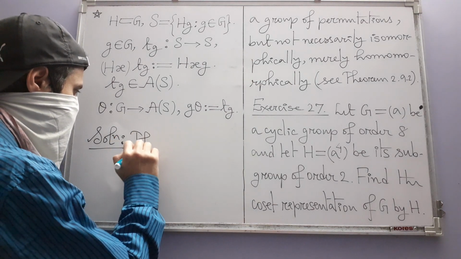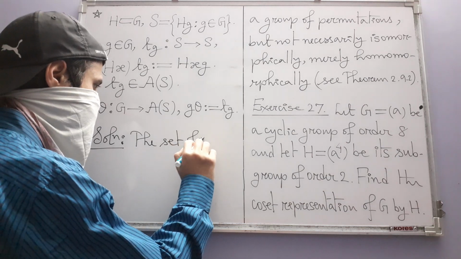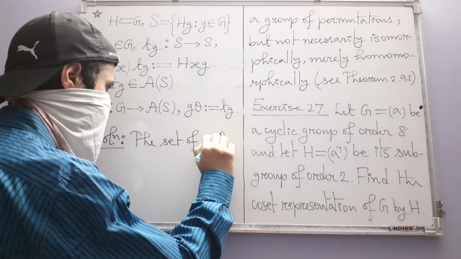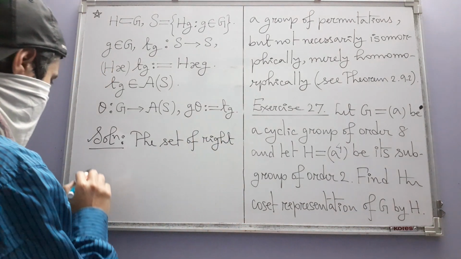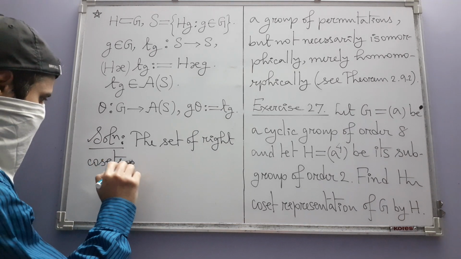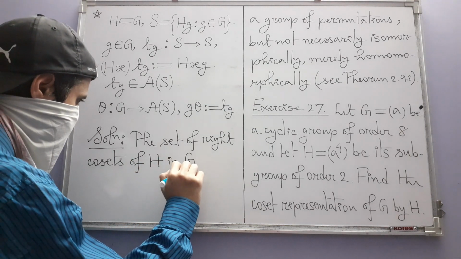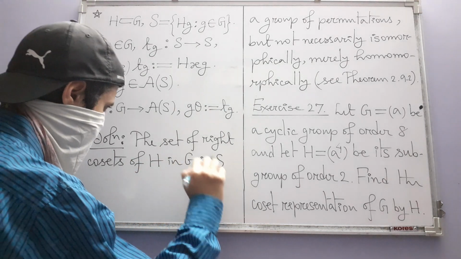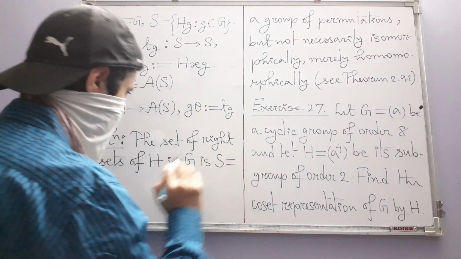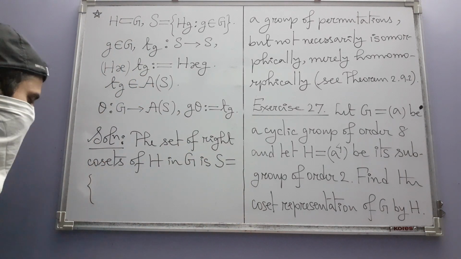The set of right cosets of H in G is S equal to, we call it S itself.